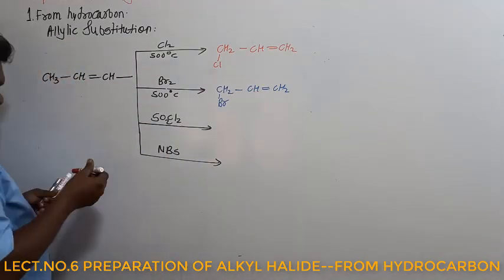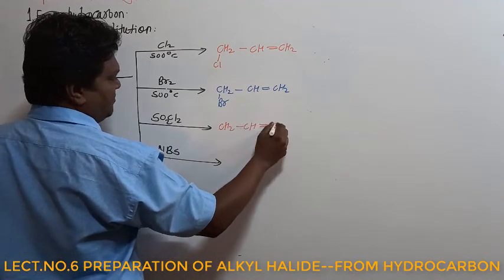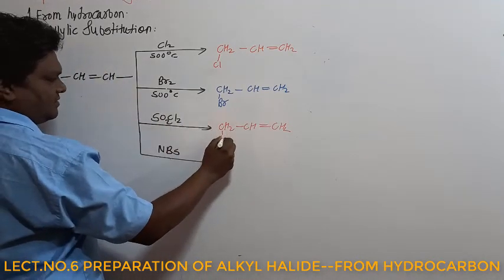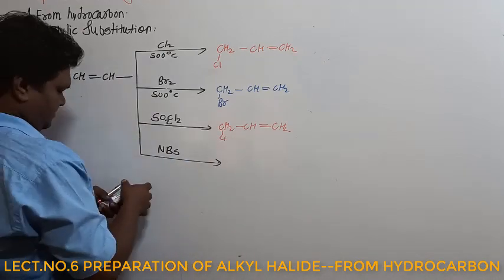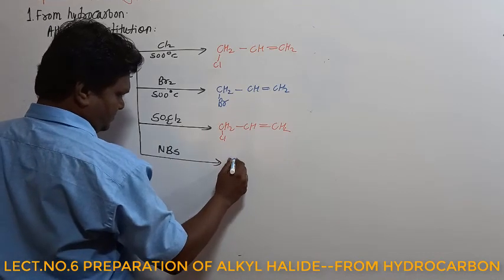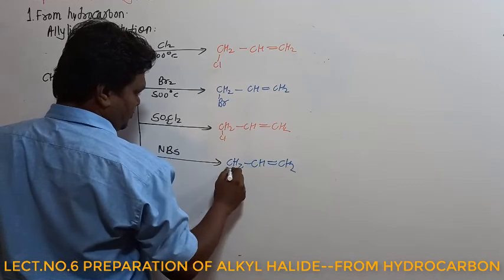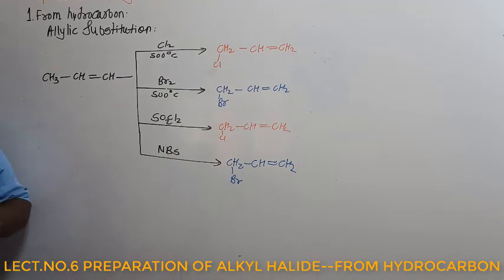Next one, CH2 CH double bond CH2, just replace the hydrogen atom by Cl. And the last one, NBS, that is N-bromosuccinimide: CH2 CH double bond CH2 Br. So this is called allylic substitution.